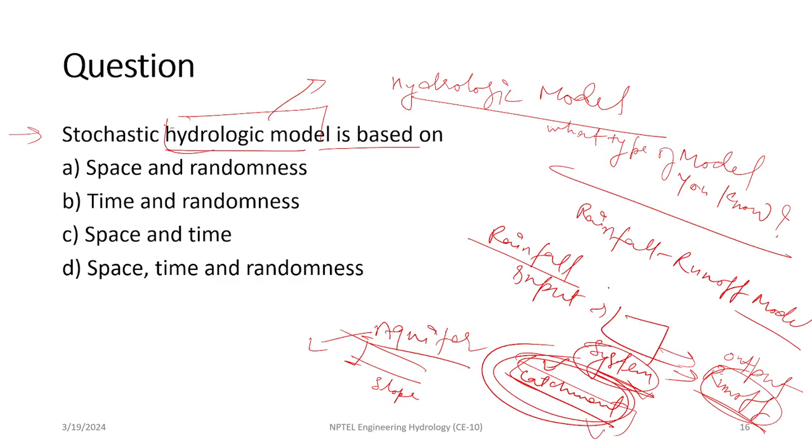In order to predict the runoff from rainfall input, we should have some kind of model, where we can give the input rainfall, and we will also define the system parameters, and then ultimately we can compute the Q value.